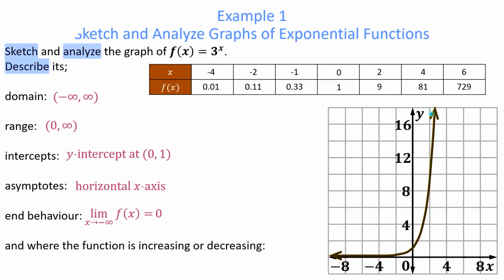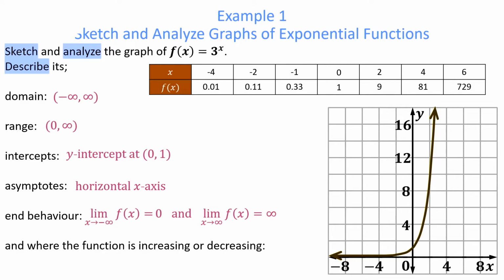Then looking at this end, as x goes towards positive infinity, you can see f of x is approaching positive infinity. So we can now say that the limit of f of x as x approaches infinity is equal to positive infinity.